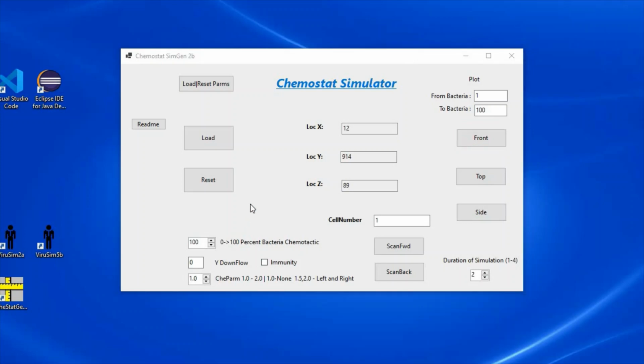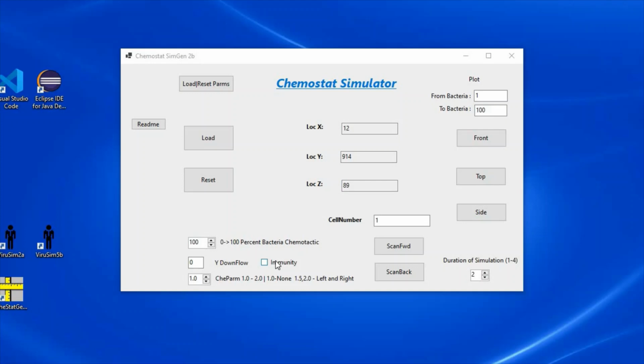Okay, let's look now at a couple simulations. Here we have 100% as the percent of bacteria that are chemotactic. That means all the bacteria are chemotactic. Y downflow is the flow of the fluid in the chemostat. If it were greater than 0, there would be a flow of the fluid that would push the bacteria down to the bottom of the chemostat.